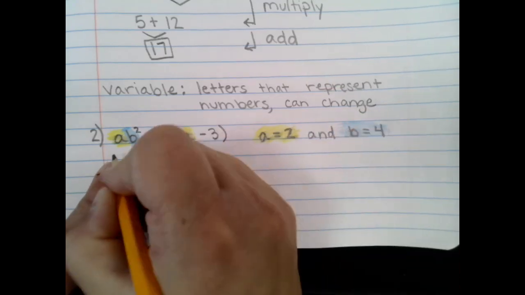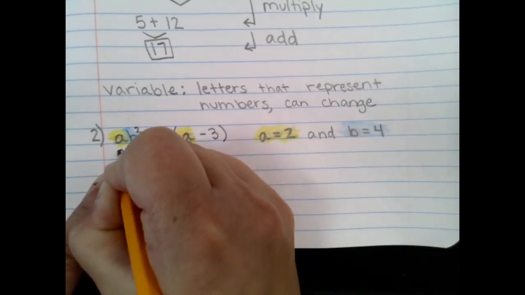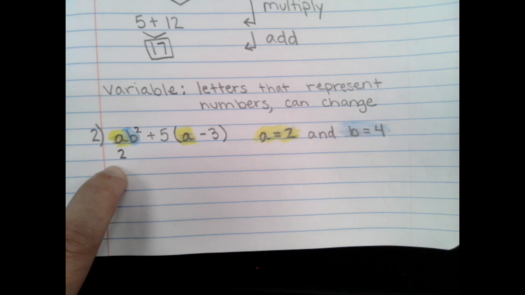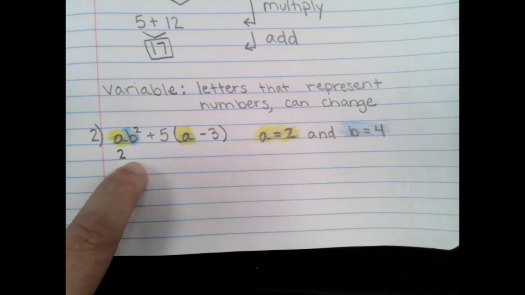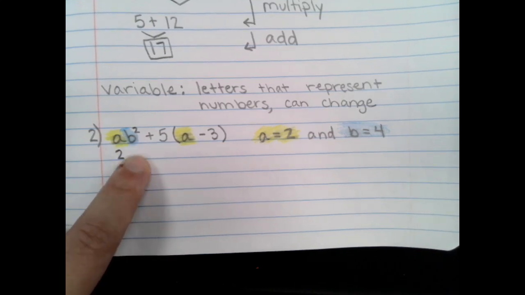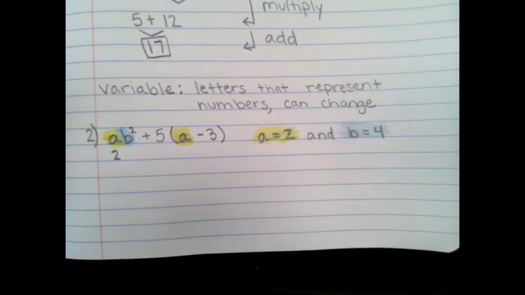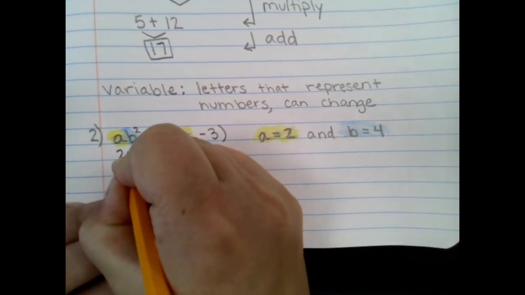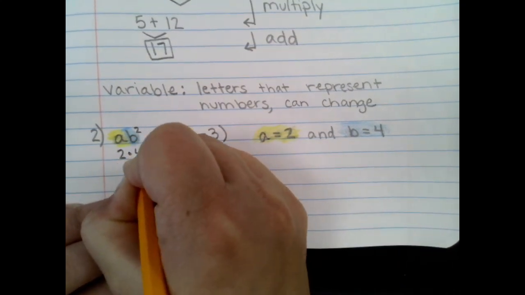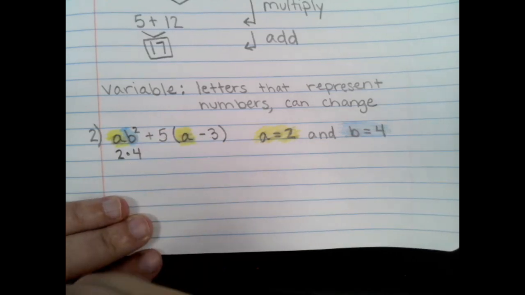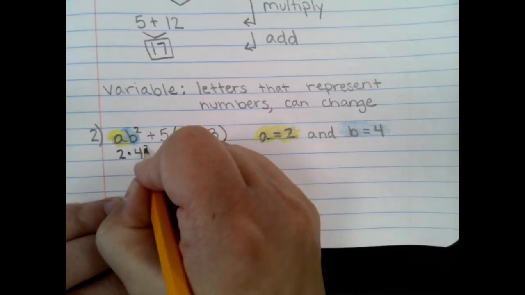So I'm going to put a 2 there, where that A is. But it goes A, B. B is 4. So is that going to be 24? No, what does that mean when two things are touching? Times. Good. So I'm going to throw in that little dot for times. 2 times 4. But then we have that exponent squared.